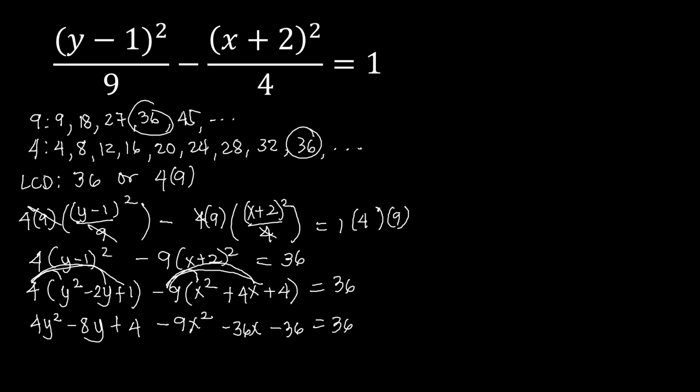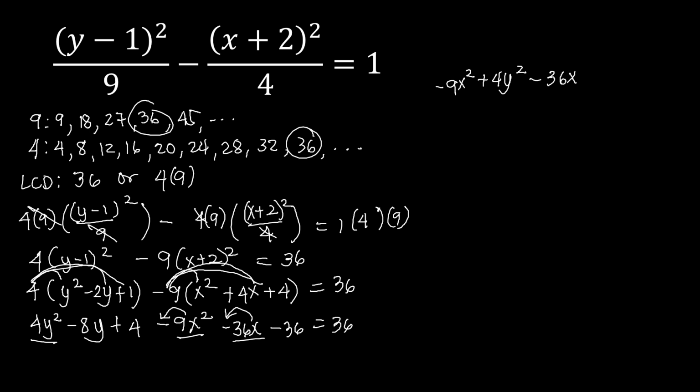So once we're done, we are now ready to arrange that one. So we have here negative 9x squared, because we have 9x squared here and before that one is a minus. And then followed by y squared, which is positive, so that should be a plus 4y squared. And then followed by an x, which is this one. Before that one is a minus, so we copy that.